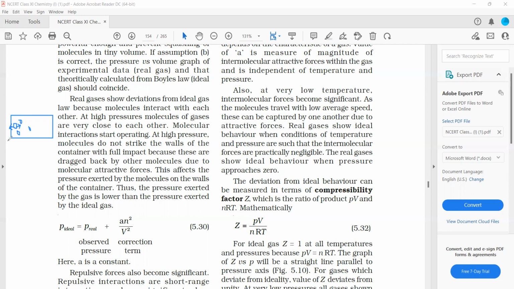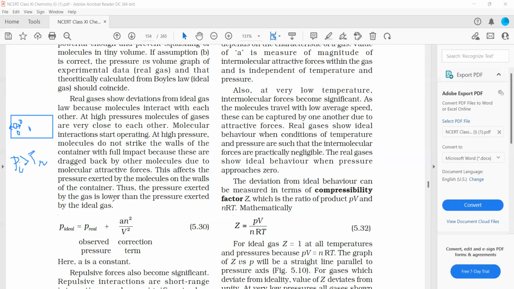So this means that the pressure exerted by the ideal gas is more than the pressure exerted by the real gas, because in real gases, forces of attraction do occur, and there is another force applied against the colliding force. That is why, in real sense, the pressure of the real gas is lower than the pressure exerted by the ideal gas.